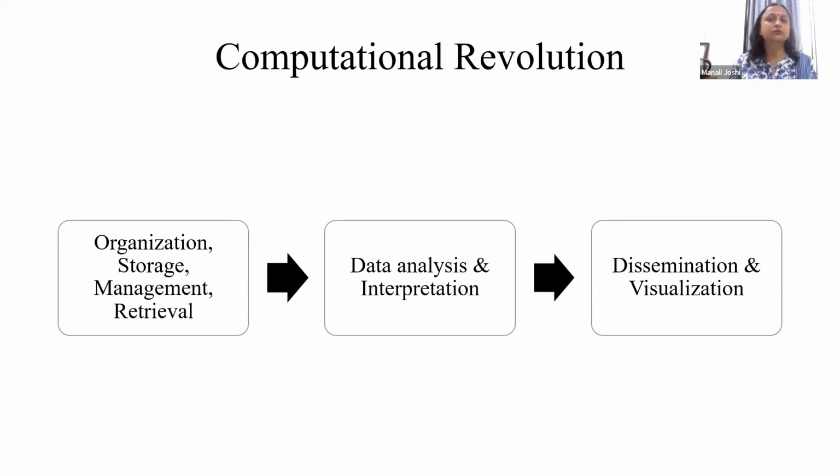So how did they create this revolution? I would say in three major areas. One, using computers or IT, what we have been able to do wonderfully is to organize, store, and manage data, which makes it very easy to retrieve when we want.